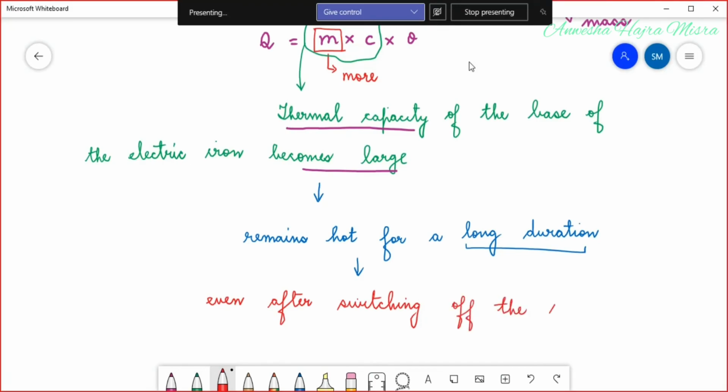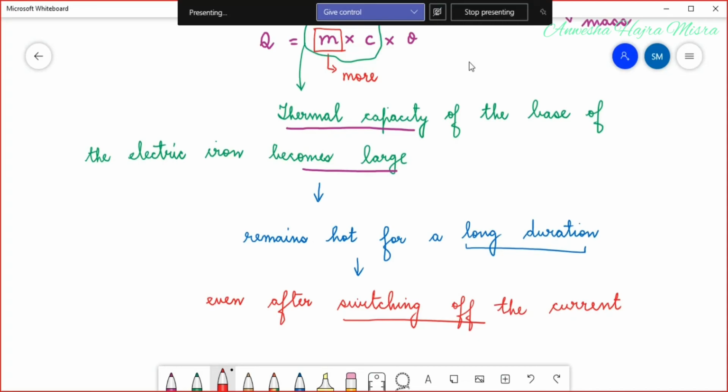Even after switching off the current is important because the electric iron has to remain hot for a long time. So we make the base heavy. The mass is more.